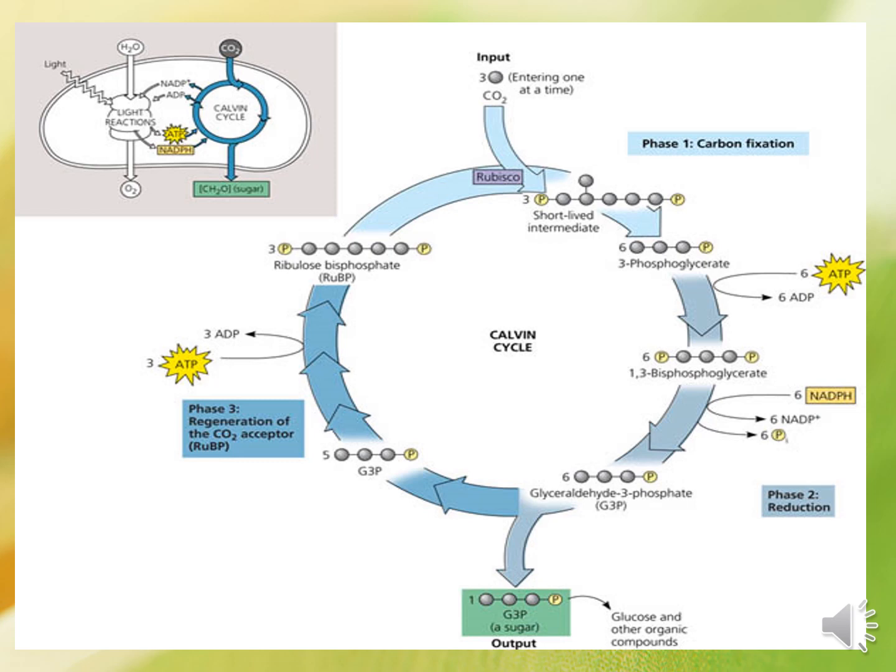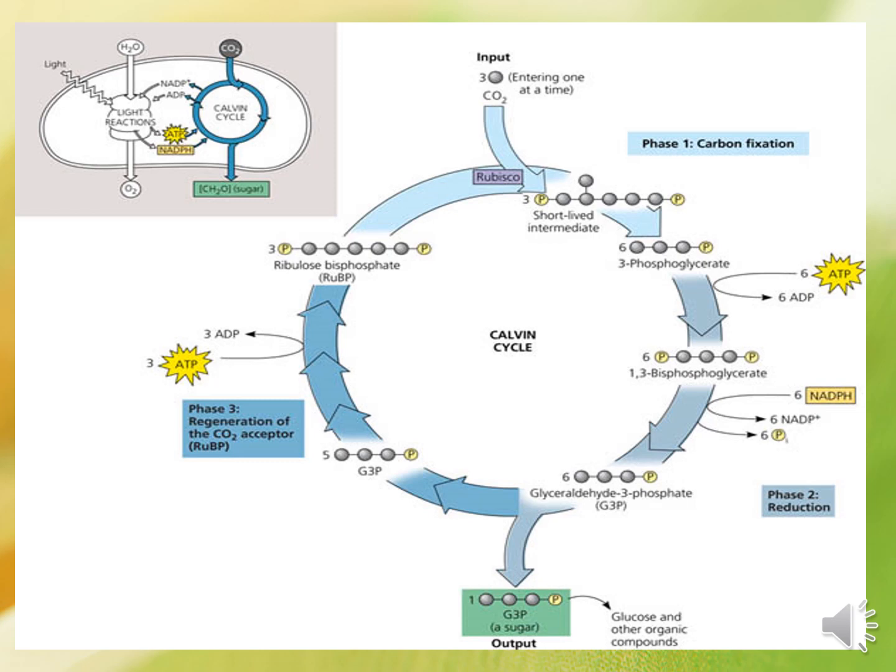And to balance, 5 molecules of G3P will enter phase 3, whose purpose is to regenerate the RuBP. So those 5 molecules of G3P will be rearranged and become 3 RuBP.